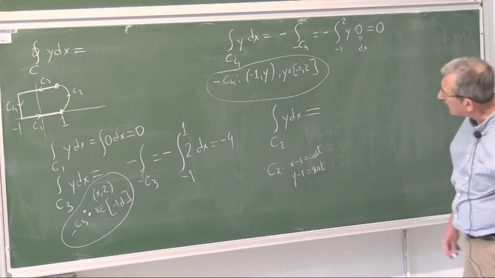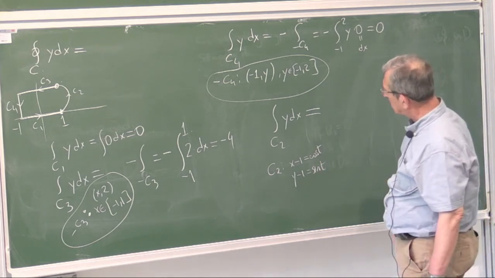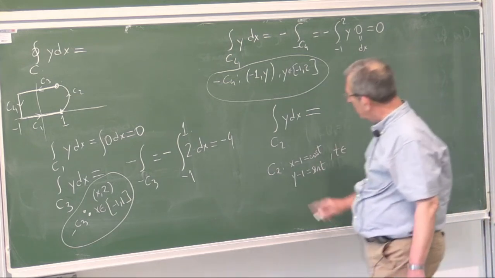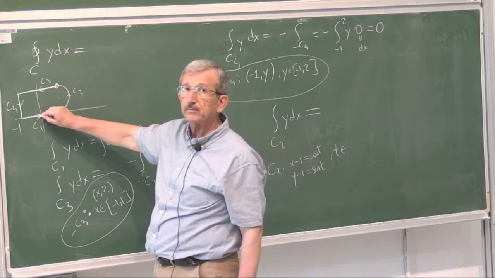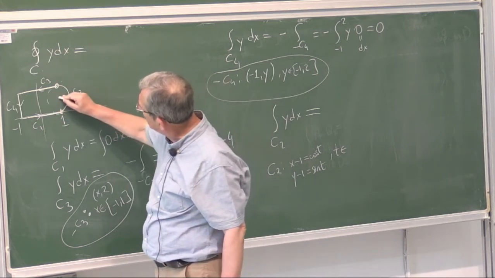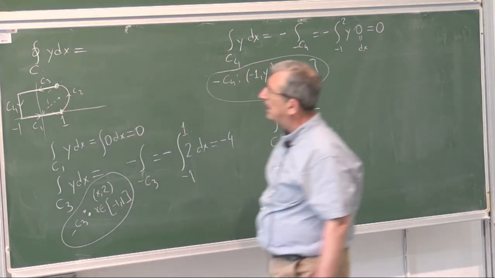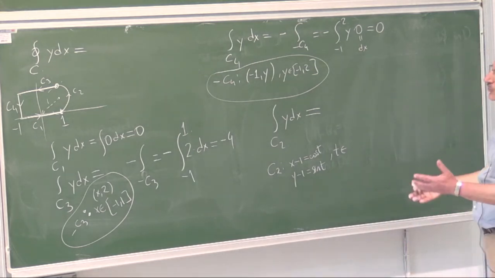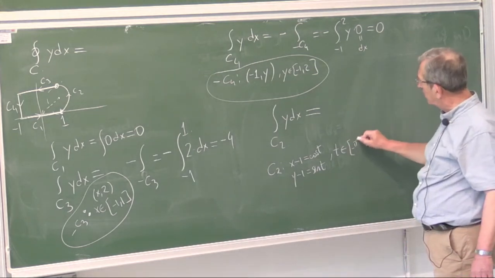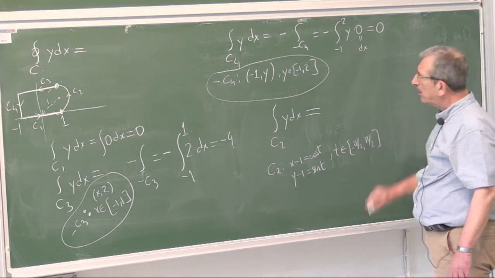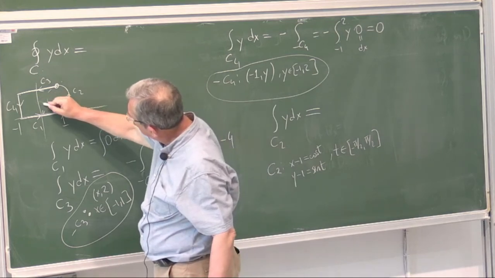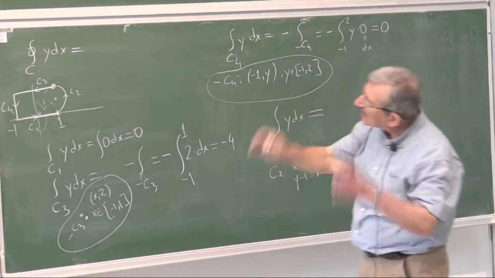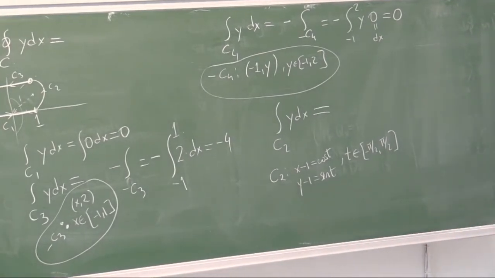Okay. Well, this, of course, says that t runs from, well, these shifts brought the center to the origin. So the angle changed from minus pi over 2 to pi over 2, because if we look at this half circle here, it is at the center, and so the angle changed minus pi over 2 to pi over 2.